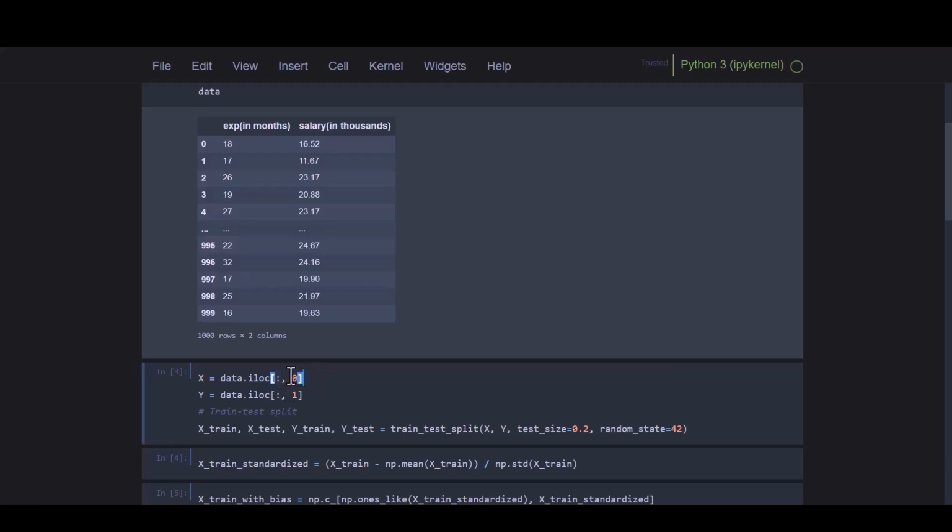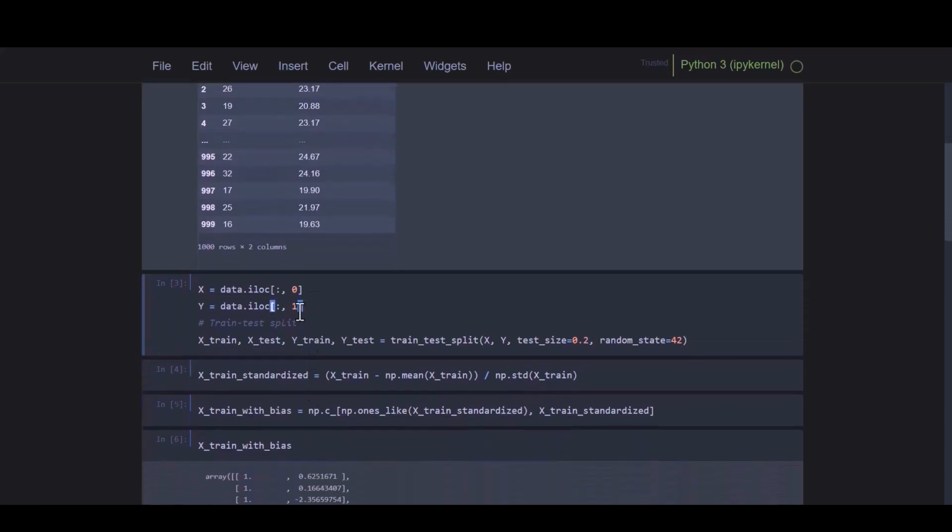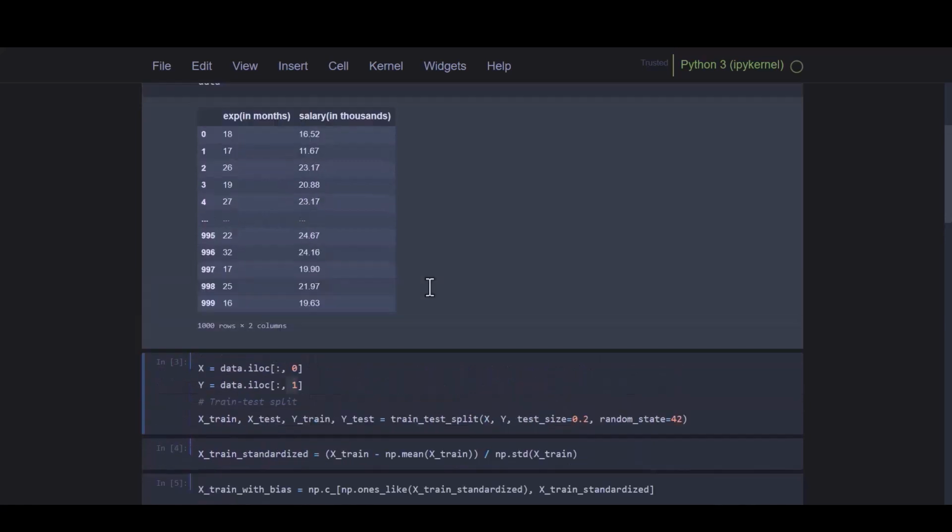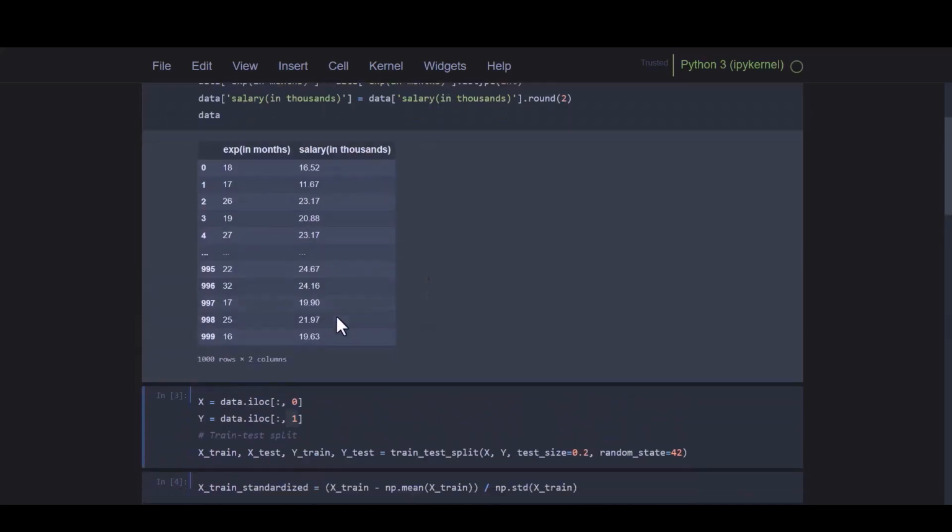So here I will be getting all the records. The colon with no values means select every record, and the first index is the column. It is 0 indexed, so 0 implies the first column, that is experience. And I will get all the salary records using iloc and assign them to y using this statement. The number 1 implies select all the column values from the second column.